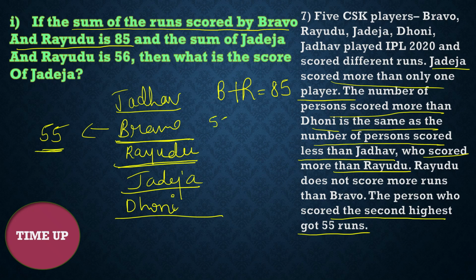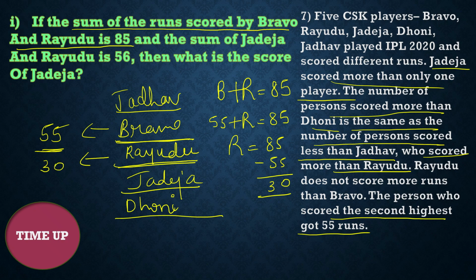So 55 plus Raidu will be 85. Raidu's score will be 85 minus 55, which will give you 30. Correct? So Raidu got 30 runs. Correct?